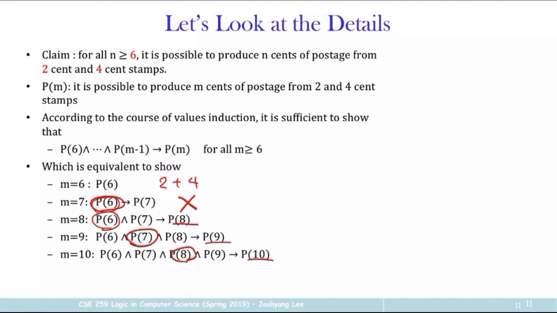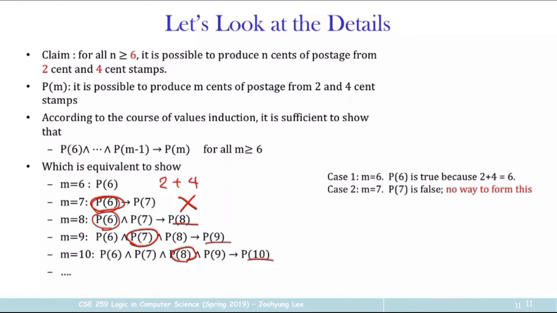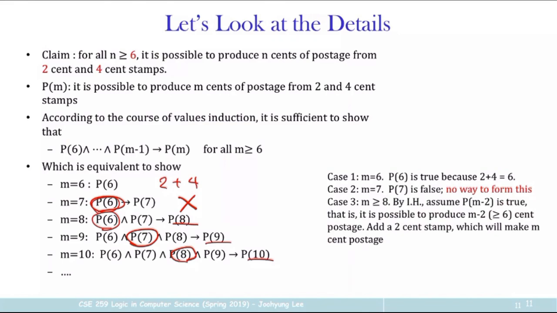So all right, let's look at this one. When m equals 6, we can create it. When m equals 7, we know that P of 7 is false because there's no way to form it. While in case 3, when m is greater than or equal to 8, the inductive step itself is fine.